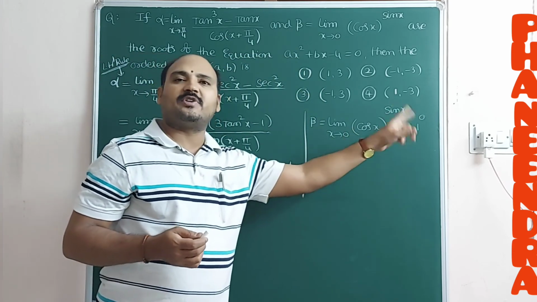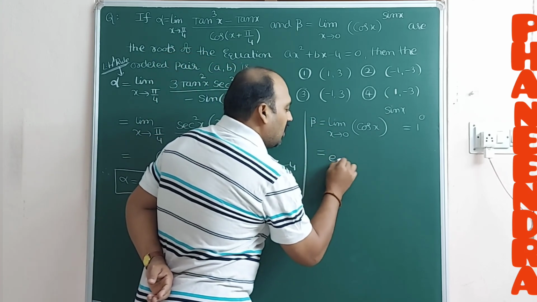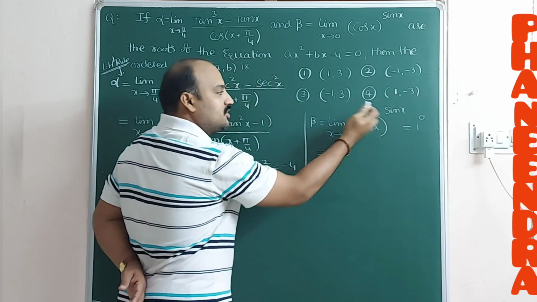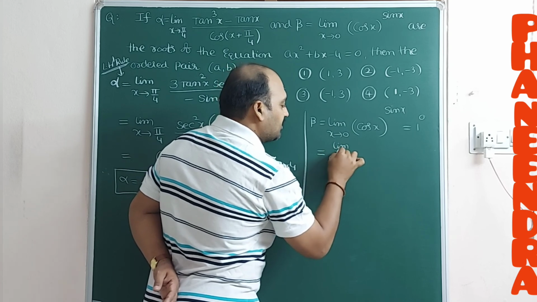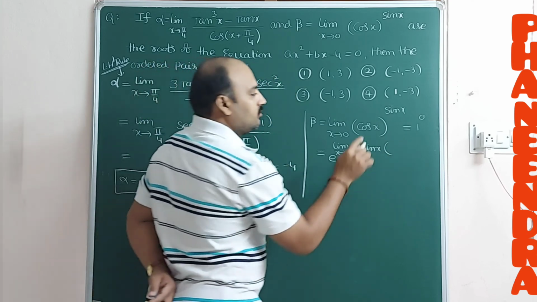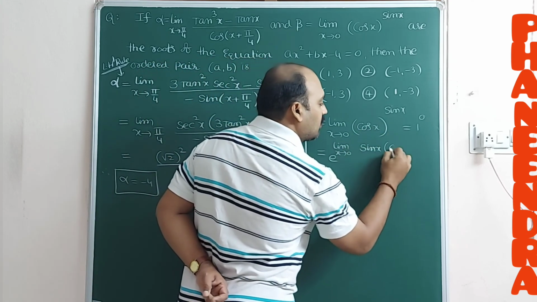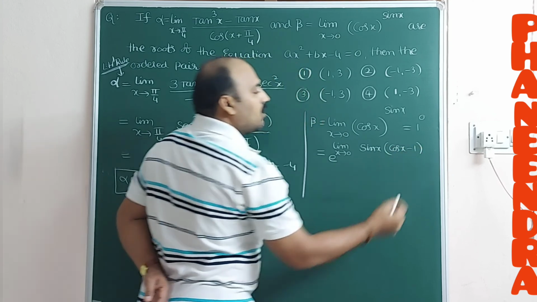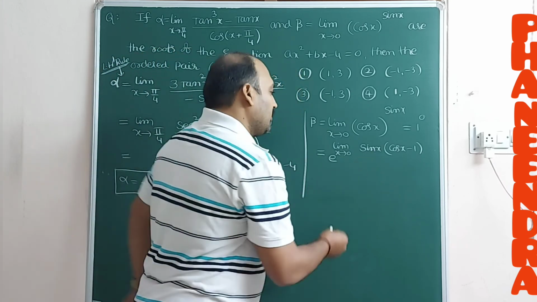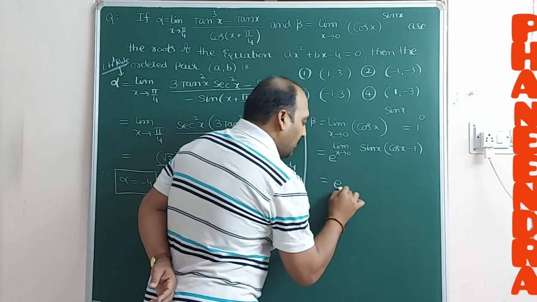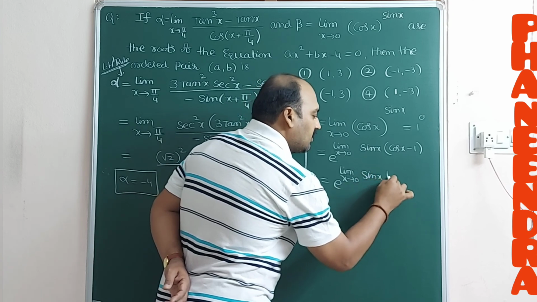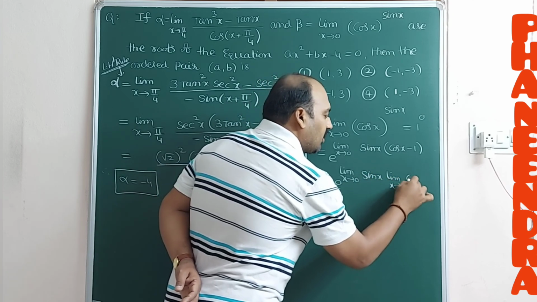When the limit reaches 1 power infinity, it can be expressed as e power limit x tends to a of g of x into f of x minus 1, that is, e power limit x tends to 0 of sin x into cos x minus 1.